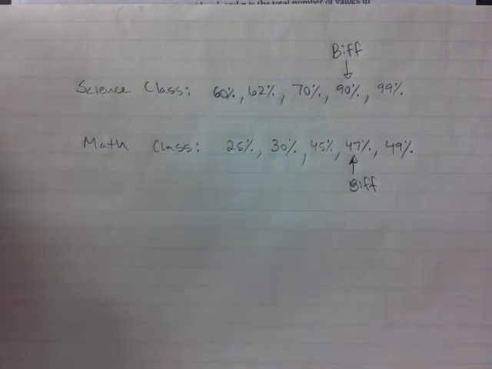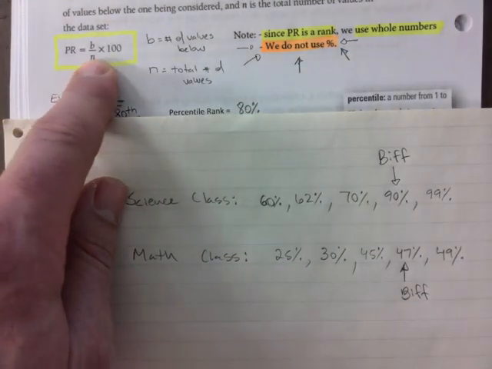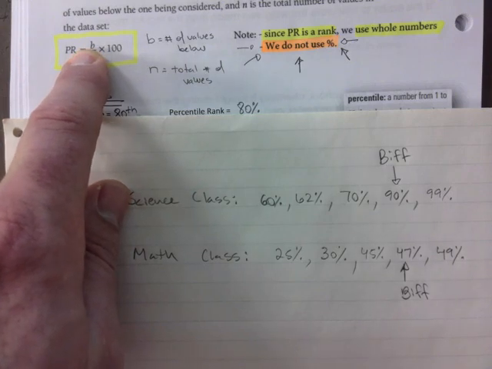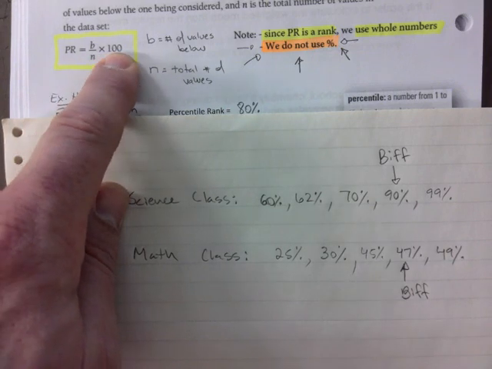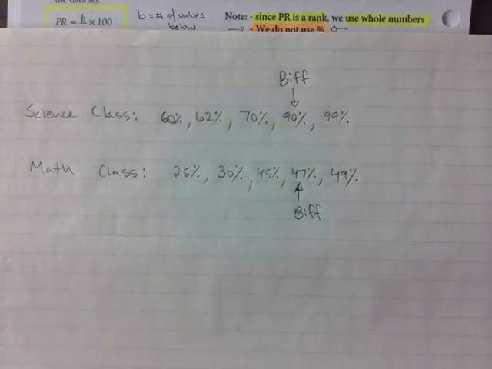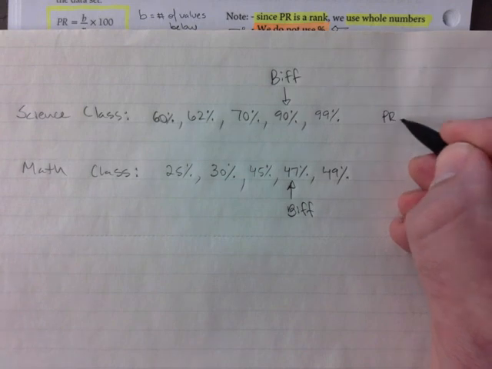Remember the formula for percentile? What is the formula to calculate someone's percentile? It's this one. B stands for how many people scored less than you. N stands for the total scores, right? Times 100. What's Biff's percentile in science class? Let's go PR.